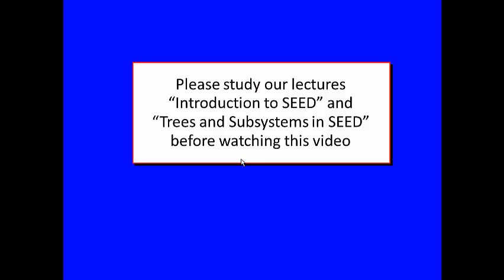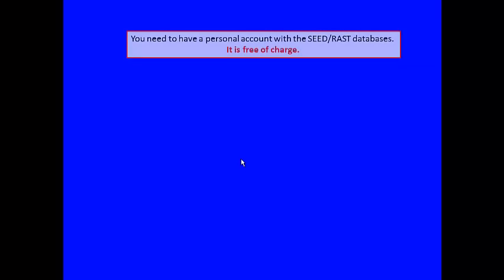We strongly recommend you study our 4th and 5th lectures before proceeding to watch the material in this video. If you haven't registered in SEED yet, we remind you to open a personal account with the SEED RAST databases. This is free of charge, and it is in order to get a username and have access to all the neat tools offered by the SEED platform. To do this, please go to the home page of the SEED-based Rapid Genome Annotation Server, RAST.